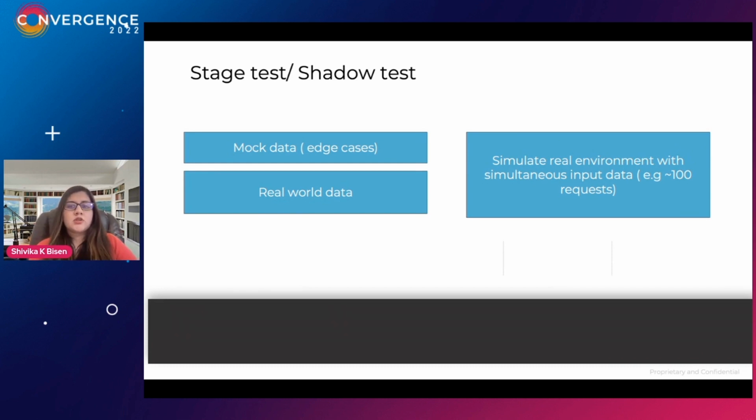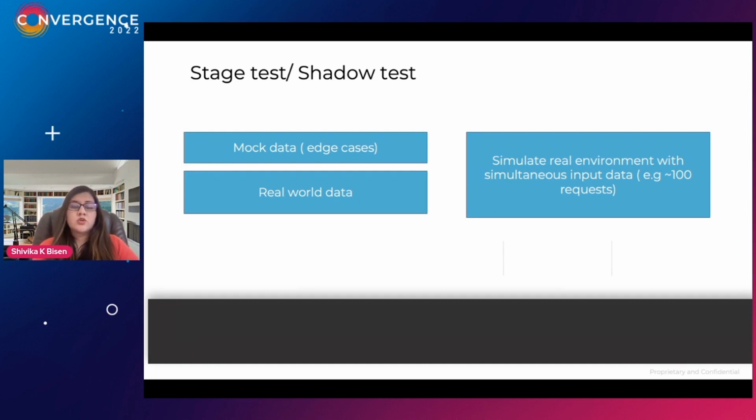And then to simulate real world environment, you basically try to give the input parallelly. So for example, in real world, you might have multiple requests happening at one time. So you want to see how your model is performing in such a case, right?